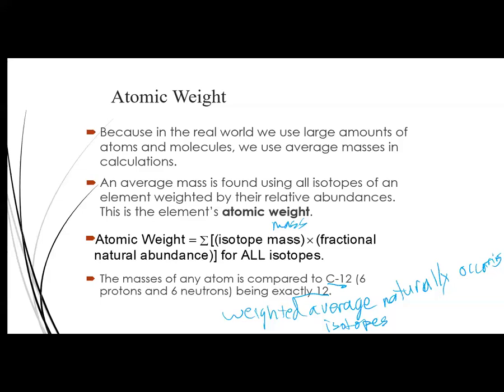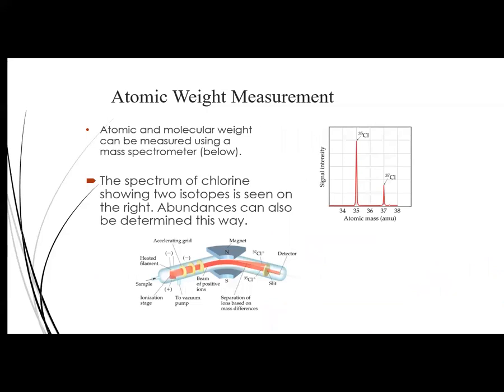And the reason why this matters is that our technology has actually gotten good enough that we can start to separate away one isotope of the element from the other. So this is an example of what we call a mass spectrometer. And when we send these particles down this mass spectrometer, it can use its charge.